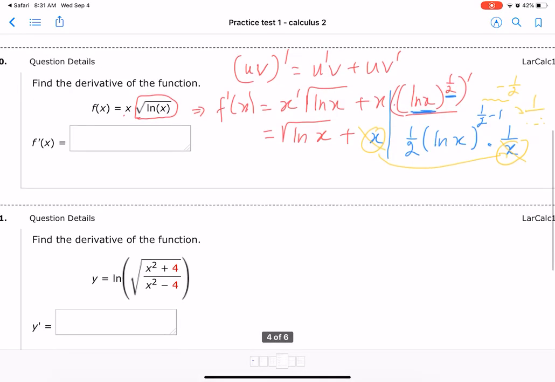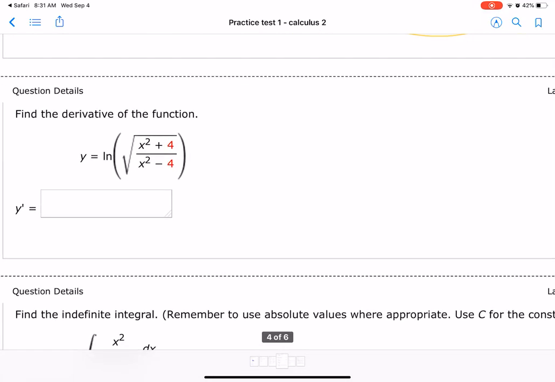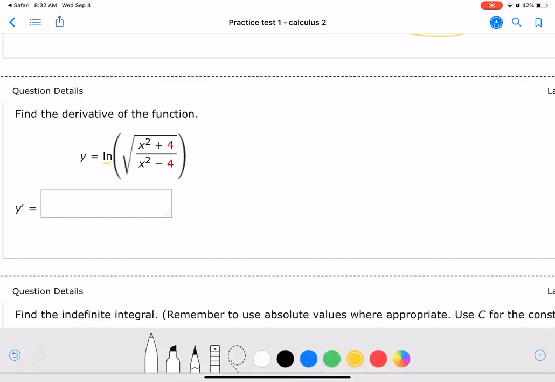Again, we need to find the derivative of this function, and of course for such a problem you can use the chain rule, because you have three functions here: ln, then square root, and then the quotient. But if we use properties of ln, we can expand this into smaller expressions.